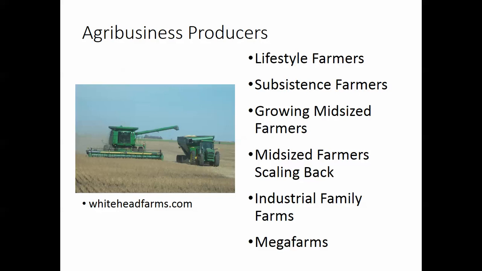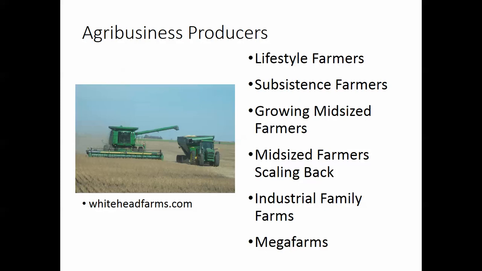Industrial family farms are family corporations that are striving to be efficient producers, using modern production practices, and maybe producing multiple products from their farming operation.